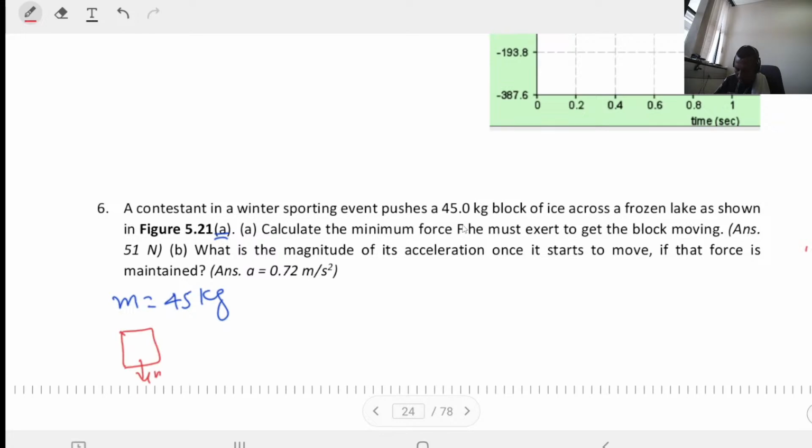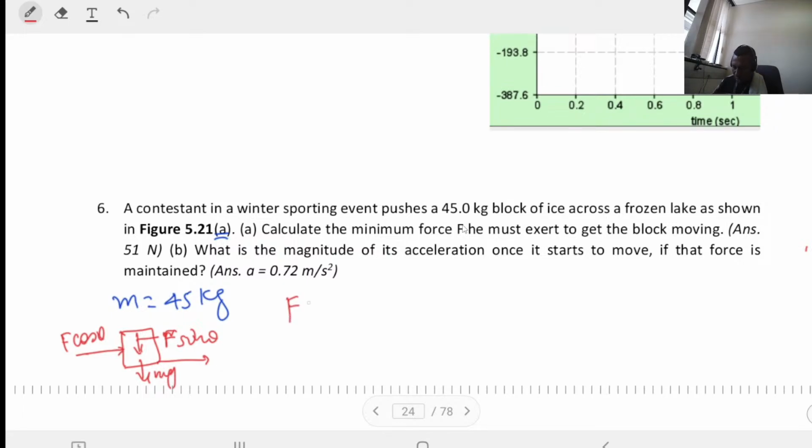Mg is going to be down, and then this one must be F cos theta. Then there is a component of the force which is F sin theta. We are interested in the minimum force required for this thing just to start to move, just start to move in that direction. Obviously, this is the direction of motion.